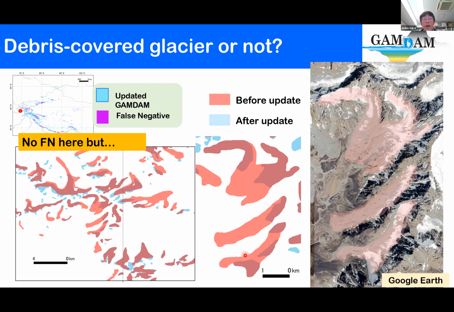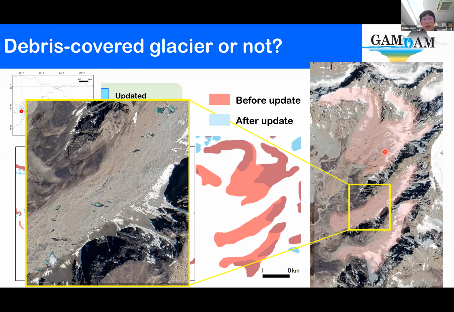But when I updated, I excluded those areas as rock glaciers because the surface looks very flat. But take a look at this Google Earth image. These are ponds.